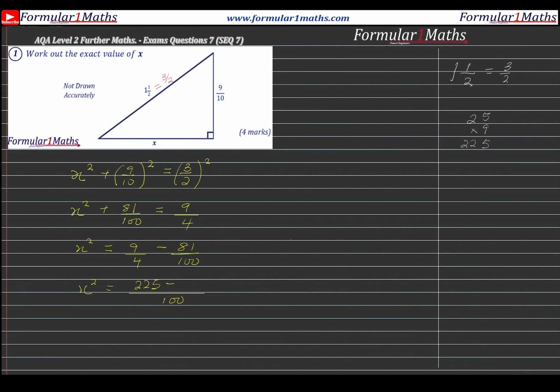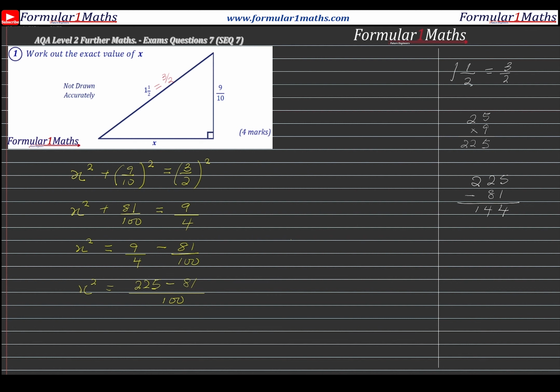So the 1 times the 81 will give me 81. So I have 225 minus 81. So now 225 minus 81 will give 4 here, and then 22 minus 8 will be equal to 14. And so this numerator is 144.